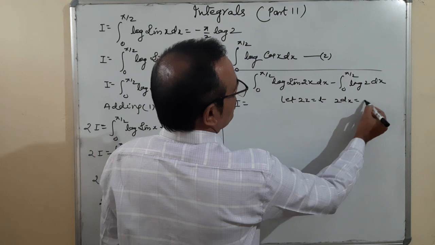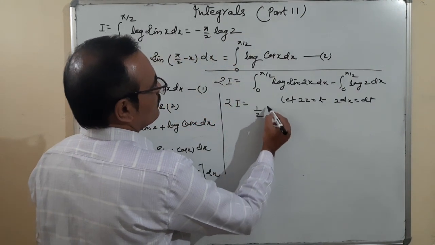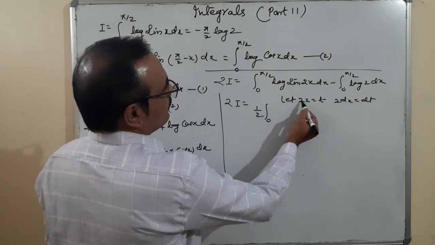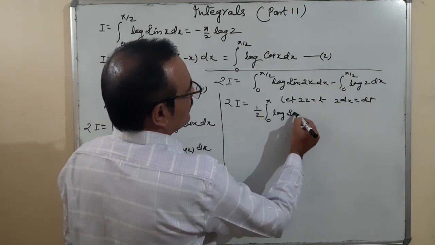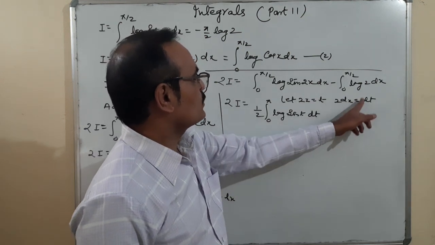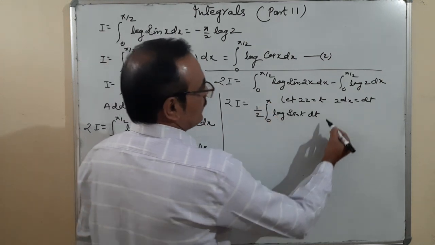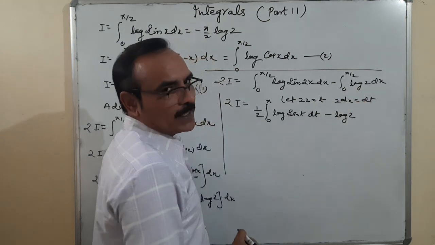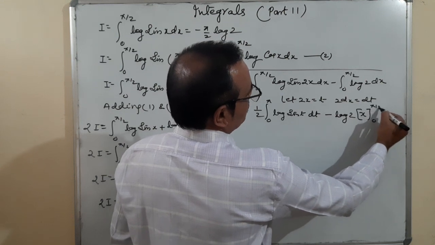Then 2 dx is equal to dt, dx is equal to dt by 2. So I write here 1 upon 2, and the limits will also change: lower limit 0, and upper limit 2 into pi by 2, which is pi. So 1 upon 2 times the integral from 0 to pi of log sin t dt, minus log 2 constant term, and the integration of 1 is x, from 0 to pi by 2.